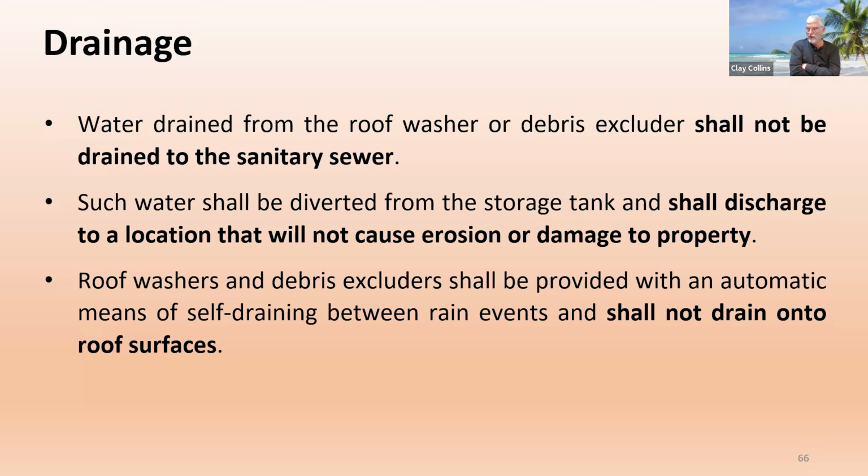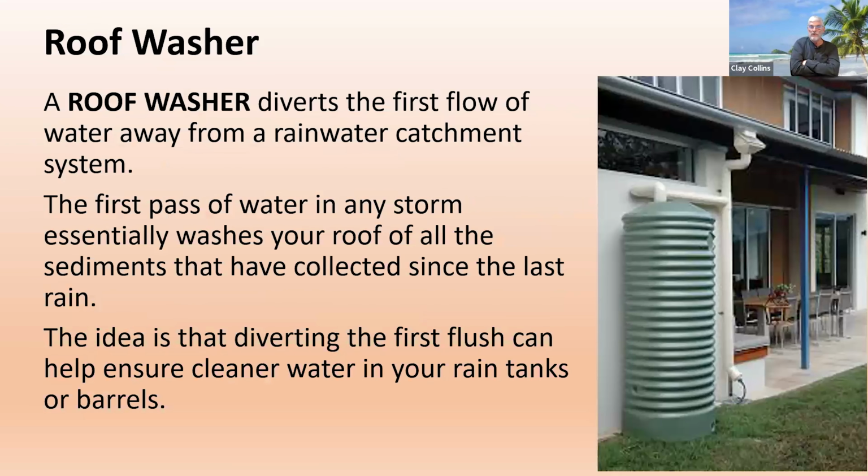But if you do it right, you learn something. And James, I'll answer your question right here because I did not know what a roof washer was, and I didn't know what a debris excluder was, but I could guess at the debris excluder. A roof washer diverts the first flow of water away from a rainwater catchment system.